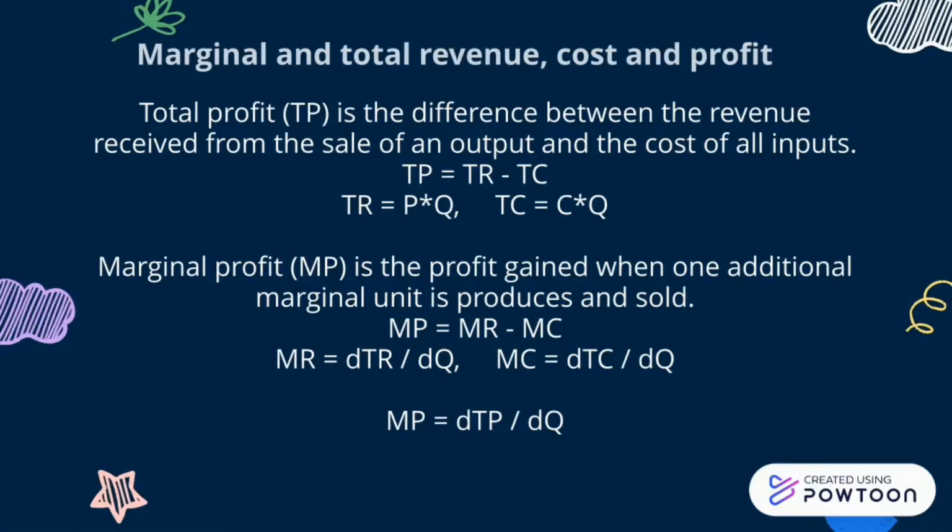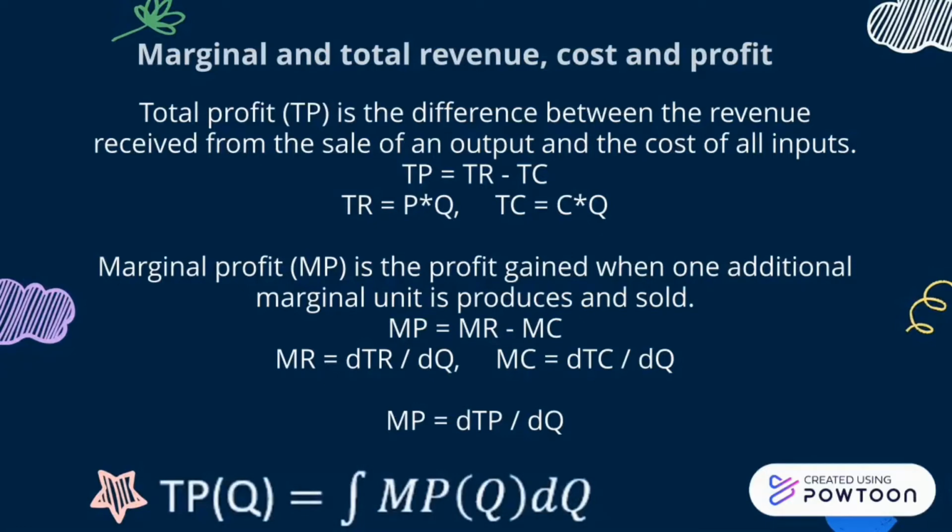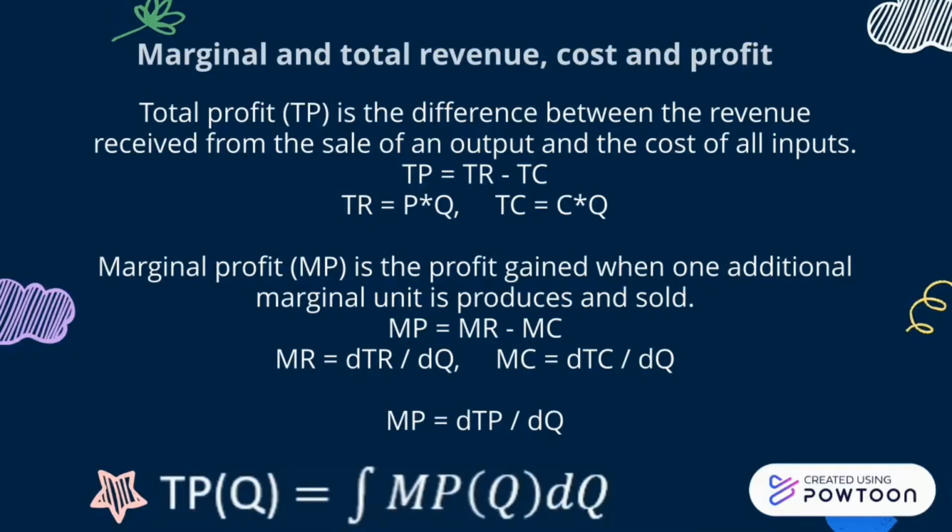Marginal profit can also be determined by the derivative of total profit with respect to quantity. If the marginal profit function is given, the total profit can be determined by integrating the marginal profit function.